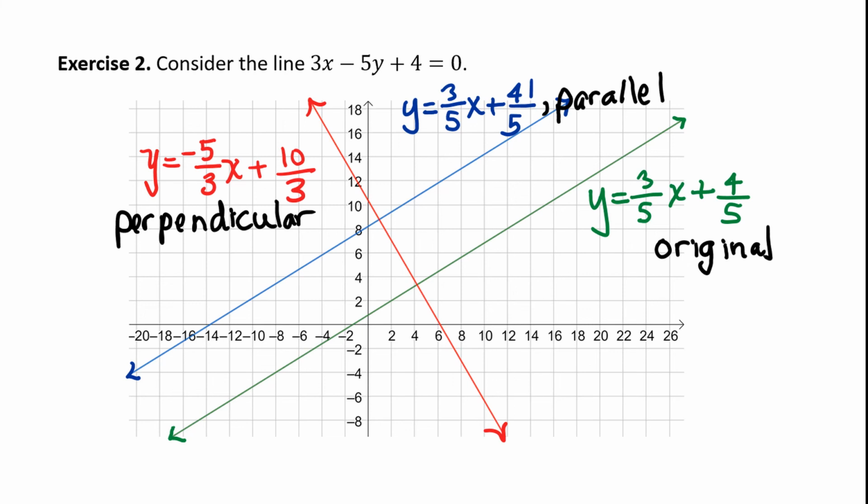Now, the equation y equals 3/5 x plus 41/5 also gives a line with an increasing slope, and it is parallel to the original equation. We also have the graph with a downward slope that intersects both the original and the parallel equation at right angles. This is the equation of the perpendicular line, y equals negative 5/3 x plus 10/3.